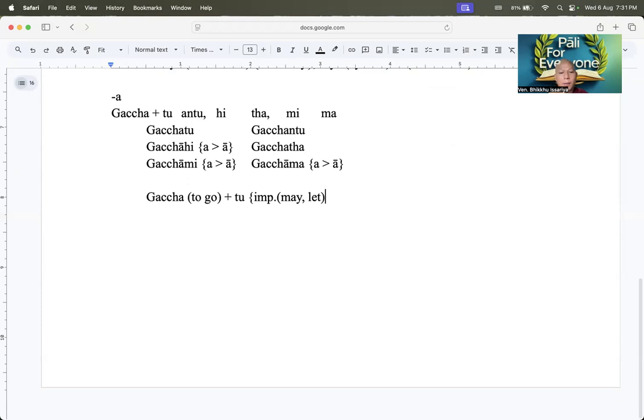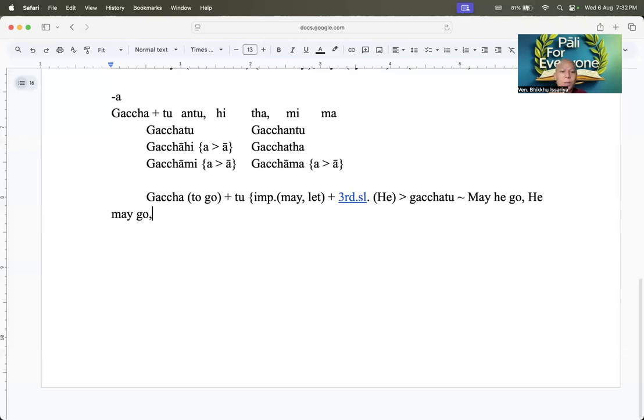Okay. And then that is that base. That base, singular. So that is why he. Okay. So now the verb is gacha do. So the meaning of that one here is, may he go. You see? Or the other way, he may go.